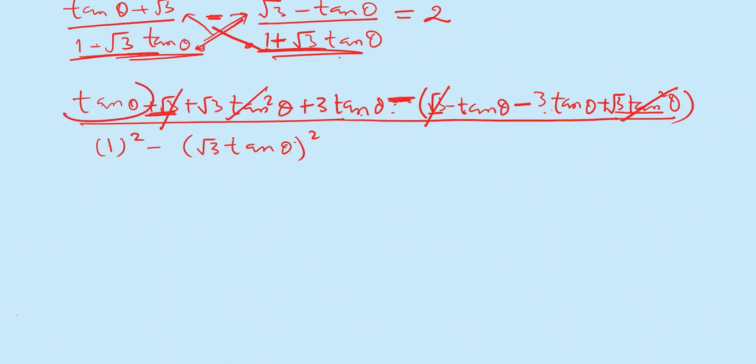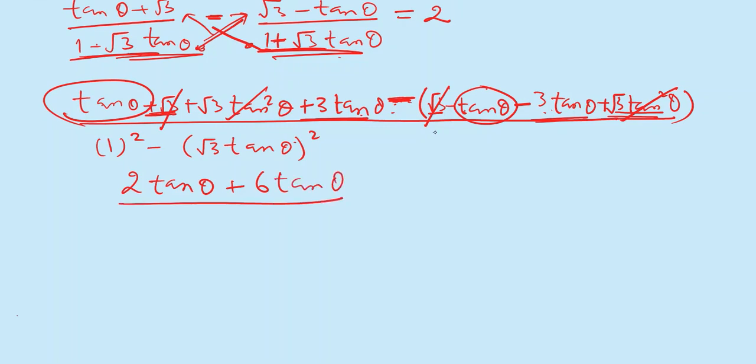So this tan theta and this plus tan theta will be 2 tan theta. This 3 tan theta and this plus 3 tan theta will be plus 6 tan theta, over 1 minus complete tan square theta, and that is equal to 2, which was here, which I missed in this step.